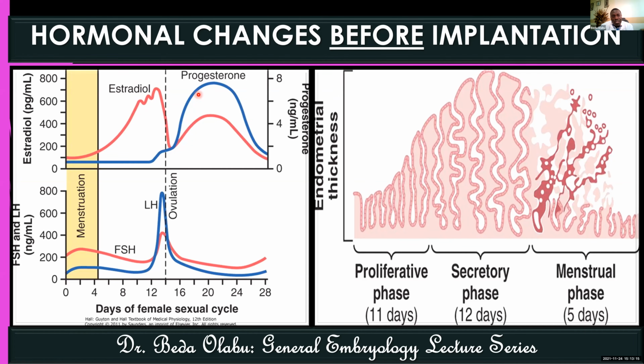But when the corpus luteum disappears, and the hormonal production of the ovary goes down, both estrogen and progesterone, because of that hormonal deficiency, we have menstruation. So this is what happens before implantation. The decline of the ovarian hormones will lead to menstruation.